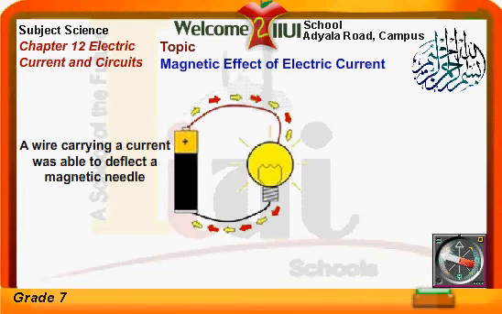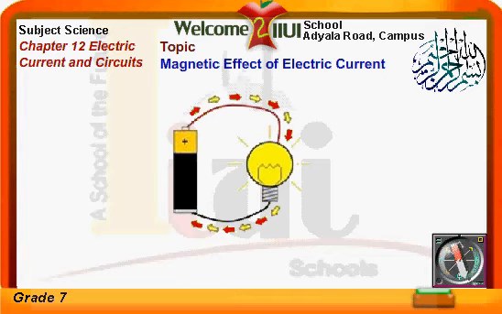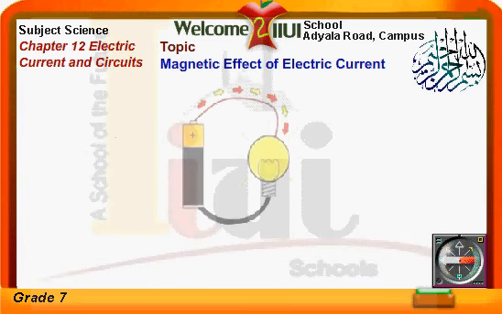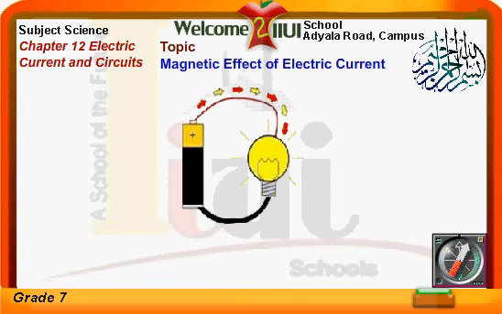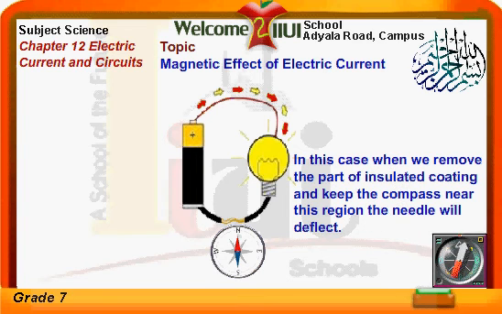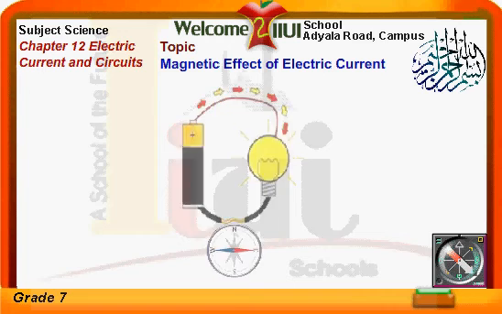Students, the magnetic effect of current was that a wire carrying a current was able to deflect a magnetic needle. When current passes through this wire and we keep this compass near that wire, the needle will deflect. This will not work if the current in the wire is feeble. However, in that case, if we remove the part of insulated coating and keep the compass near the region, you will see that deflection.